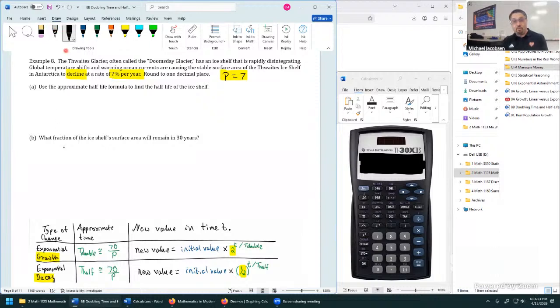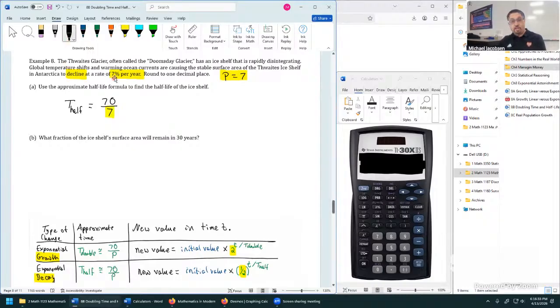And because it's declining, we can say that T half, following these formulas here, specifically that cell, but they're identical, except for what name we give it. T half is going to be 70 divided by 7.